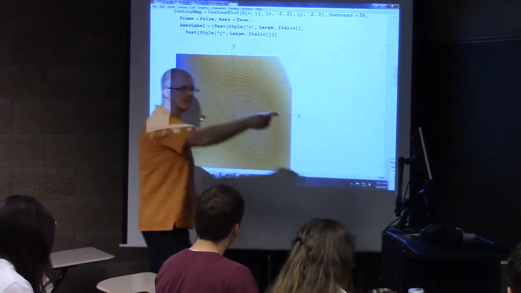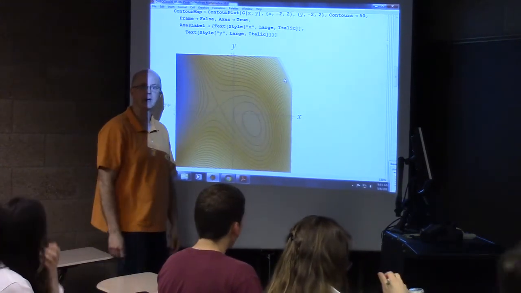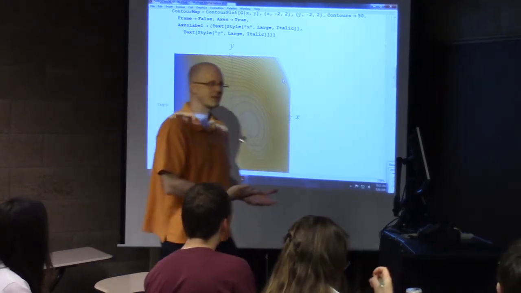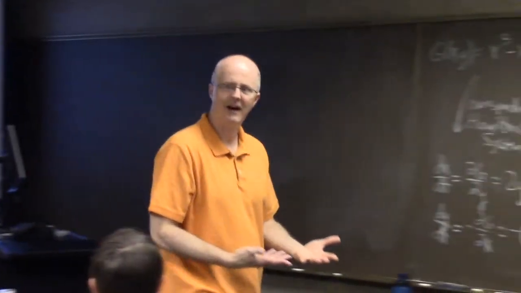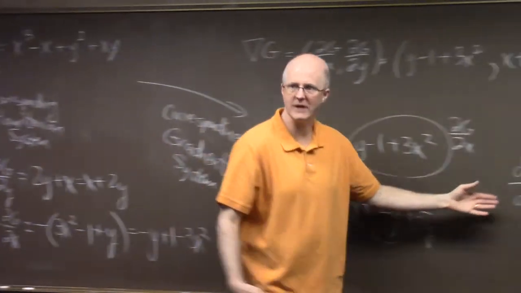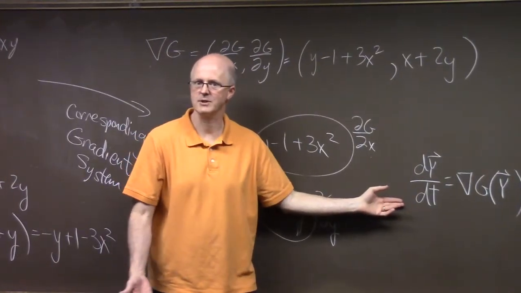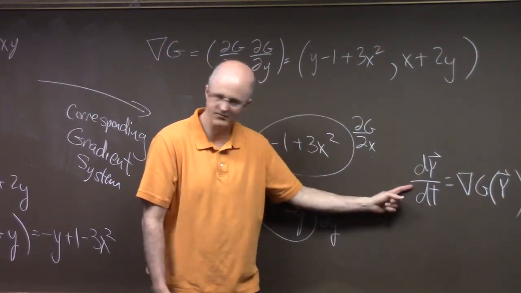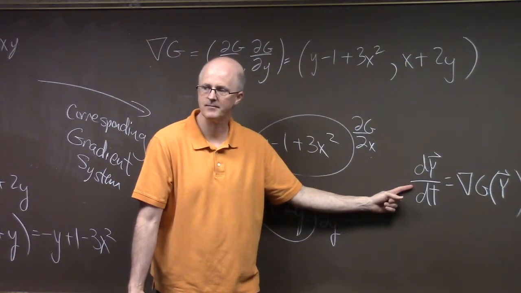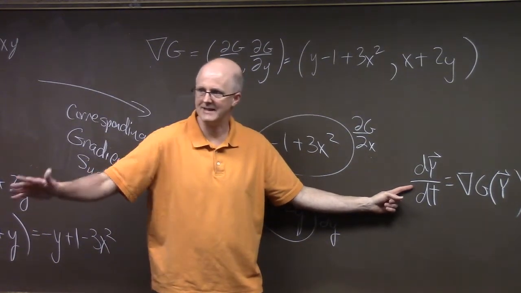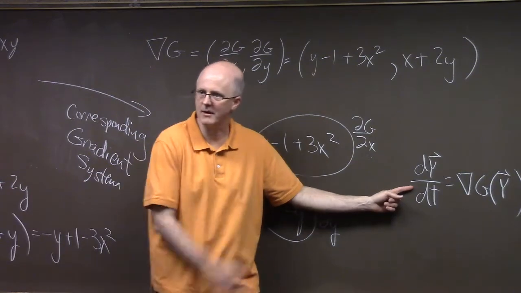So solution curves have velocity vectors that are the gradient vectors. That's what this vector equation says. I emphasized that way back in chapter 2 in general. When you're writing a system of differential equations in vector form, that's like the velocity vector for your solution curves. Not necessarily a velocity for a mass on a spring or for a pendulum.